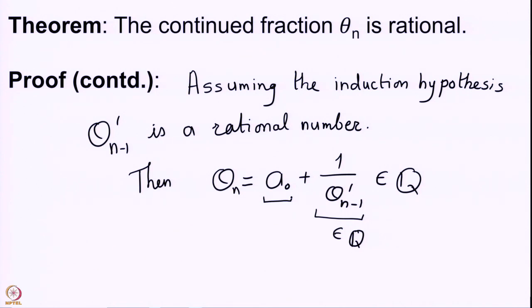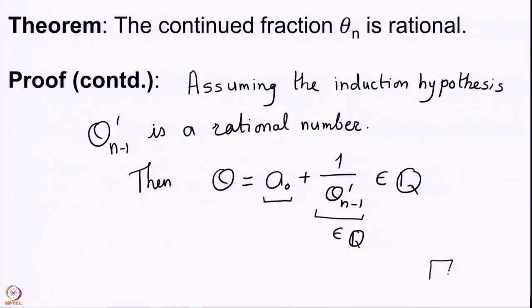For any a0, a1 up to an minus 1, if the corresponding number is rational, then we prove that the number for a0 up to an is also rational. Of course, we have proved that for n equal to 0 the result holds. So, by the method of induction, this result is now done.